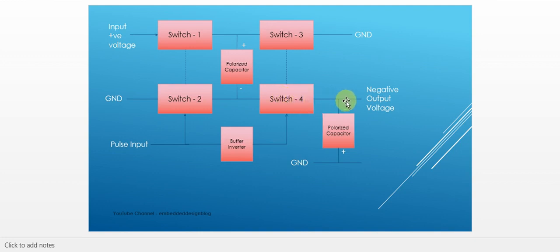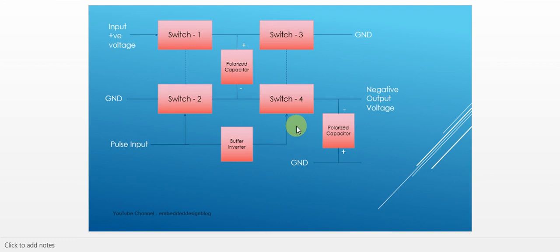So this capacitor is in reverse connection, and these switches are driven using a pulse. There is a buffer inverter, where if you apply a specific voltage to this switch, the inverter gives the negated, or reverse, voltage of that specific voltage to these switches.